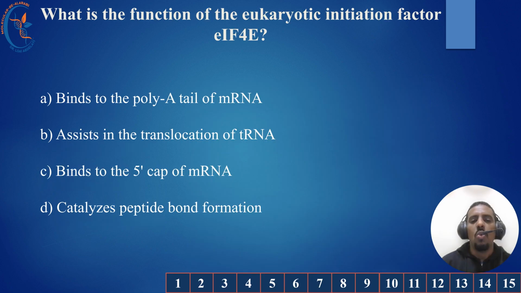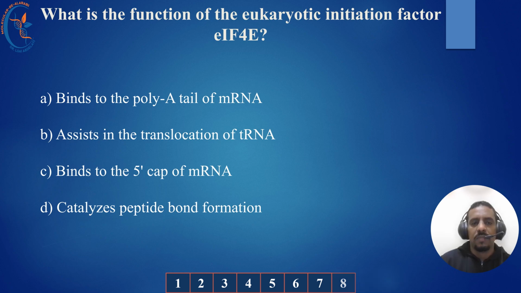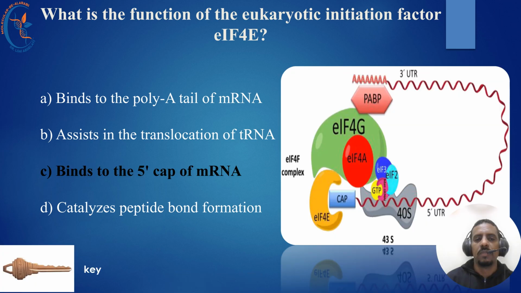Okay, let's move on. What is the function of eukaryotic initiation factor 4E? The function of eukaryotic initiation factor 4E is to bind to the 5' cap of messenger RNA.